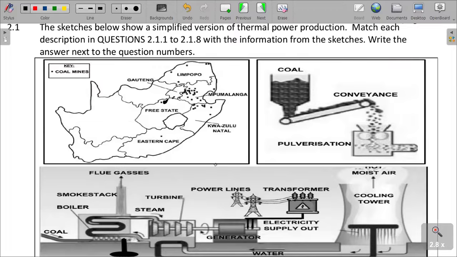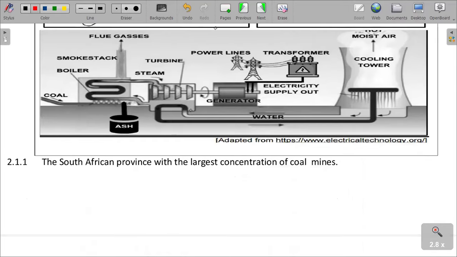The largest contribution is seen in the province where we have more of these coal mines, shown by the dots. So we have the largest in Mpumalanga. As you can see, there are quite a lot of them compared to every other place. Mpumalanga has most of them.